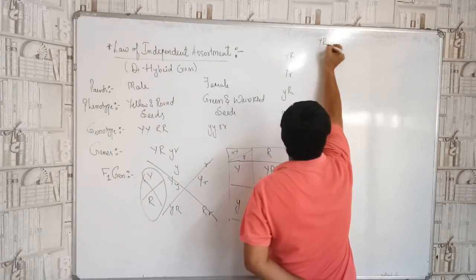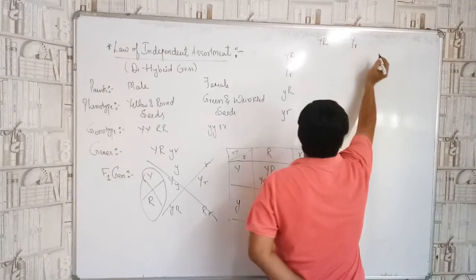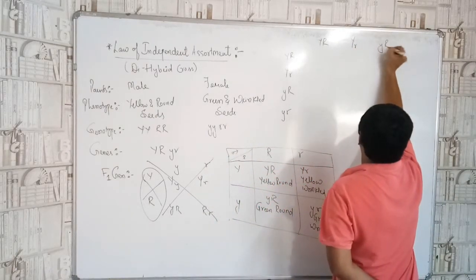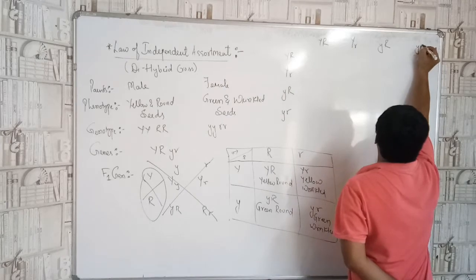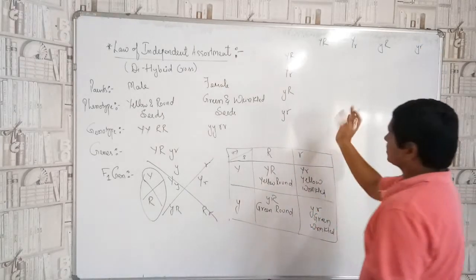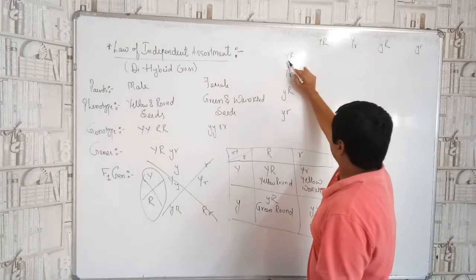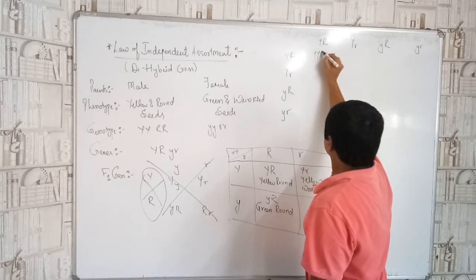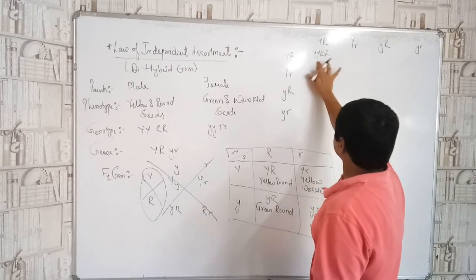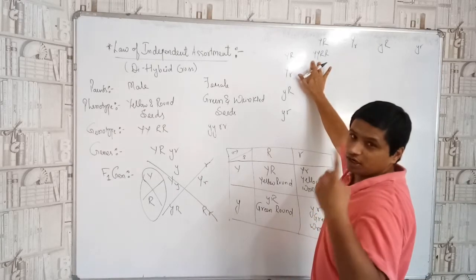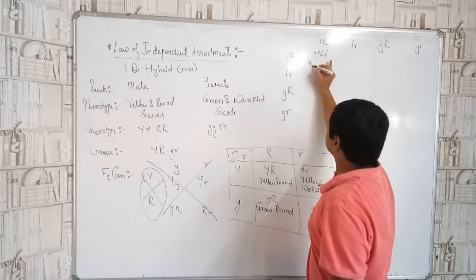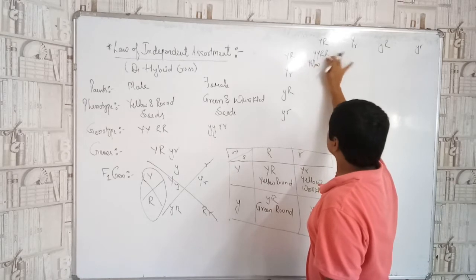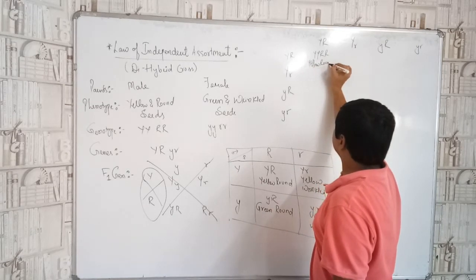That is the Y R, Y R, Y R, and Y R. Okay, now just do it. Segregate karo. Y Y, Y Y, R R, R R. Now in both the cases, both the genes are what, children? Dominant. So क्या होगा? Resultant characters yellow, and this will be round.